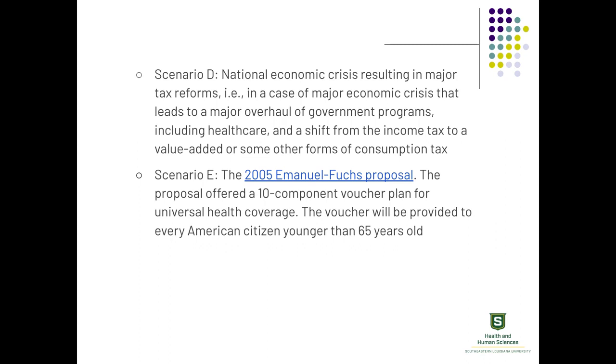Because with policy changes, there's so many things at play beyond just money. An example would be politics. Politics really, really comes into play when it comes to health policy. An example would be what happened with the ACA and all the things that happened in trying to get it passed. So before we get to the calculation portion and punching in the numbers, we want to look at this evaluation from a more macro level.